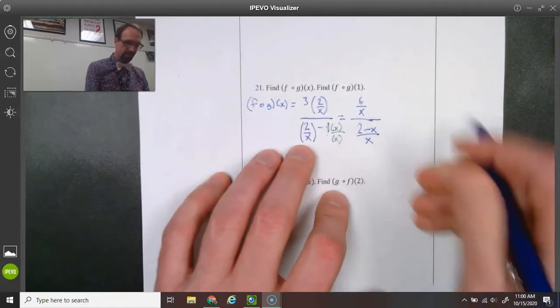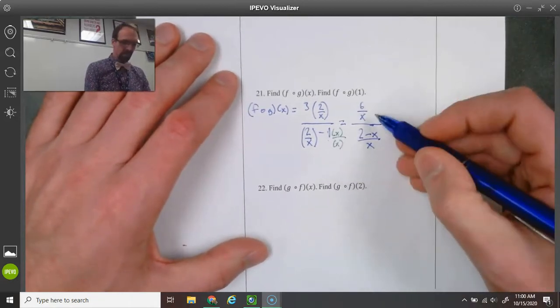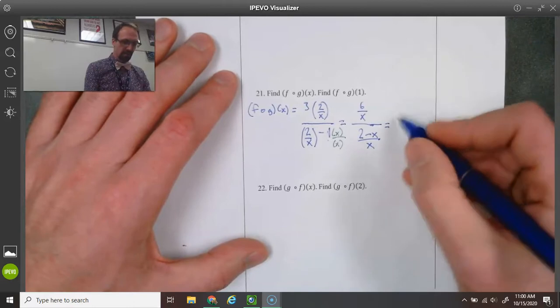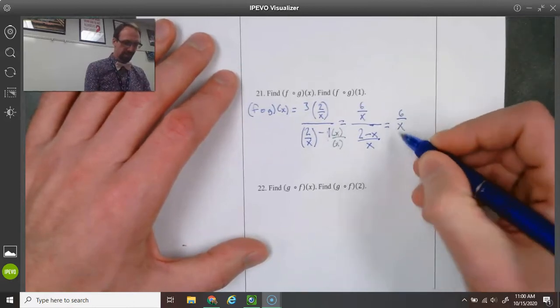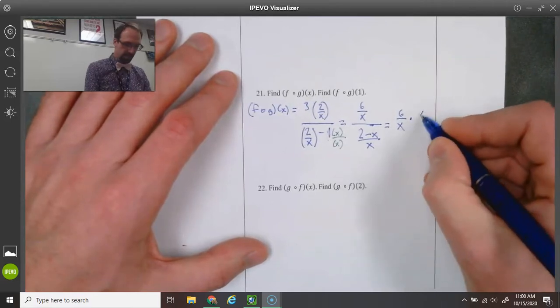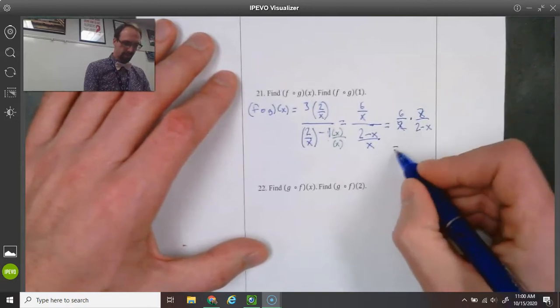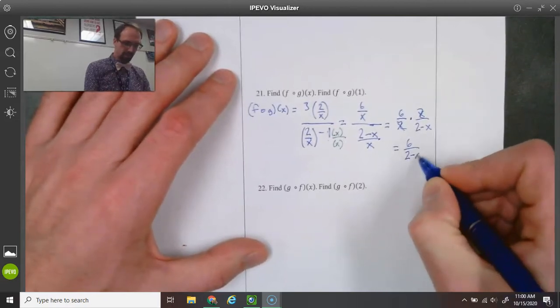And then now we can simplify this. Remember, when we have a rational divided by a rational, we can multiply by the reciprocal. It's going to be 6 over x times the reciprocal, x over 2 minus x. These x's cancel, so 6 over 2 minus x.